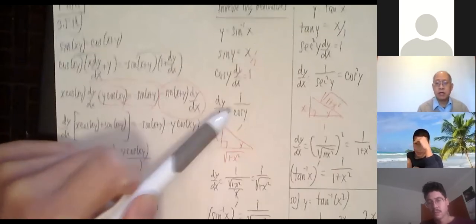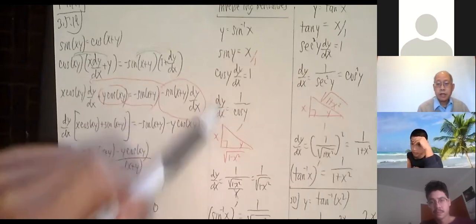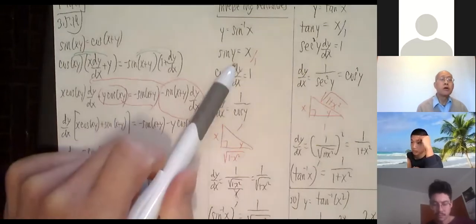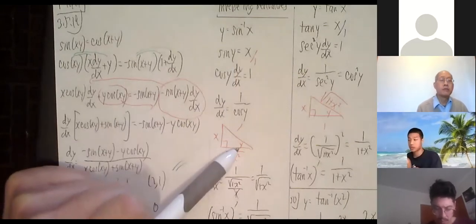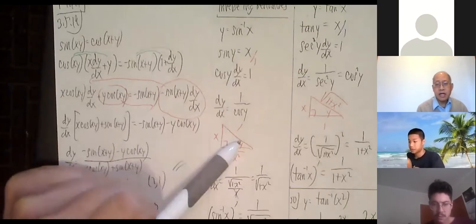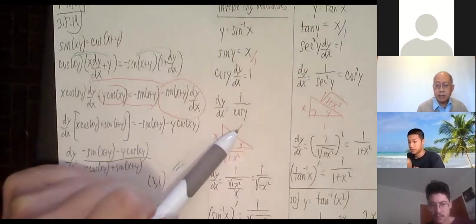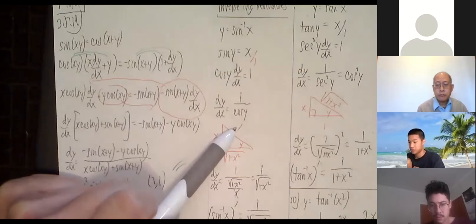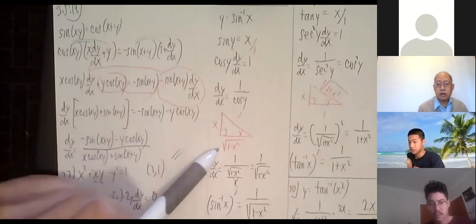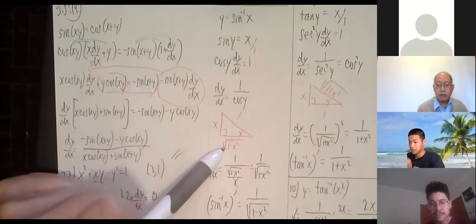Okay. Then I have to do a little bit of trig. I draw myself a triangle. y is the angle, so I put y here. You might recall from trig that sine is opposite over hypotenuse, so x over 1. Do some Pythagorean theorem, and the adjacent side comes out to be radical 1 minus x squared. You can convince yourself of that.